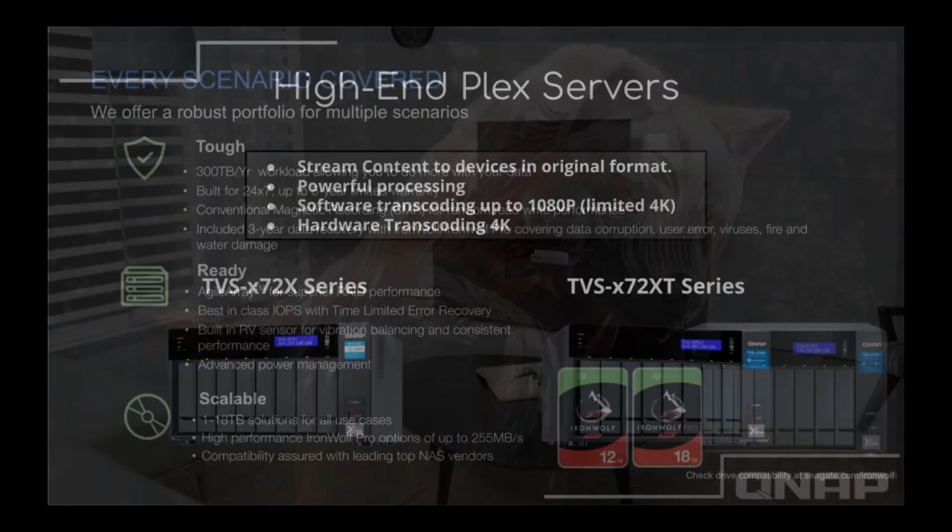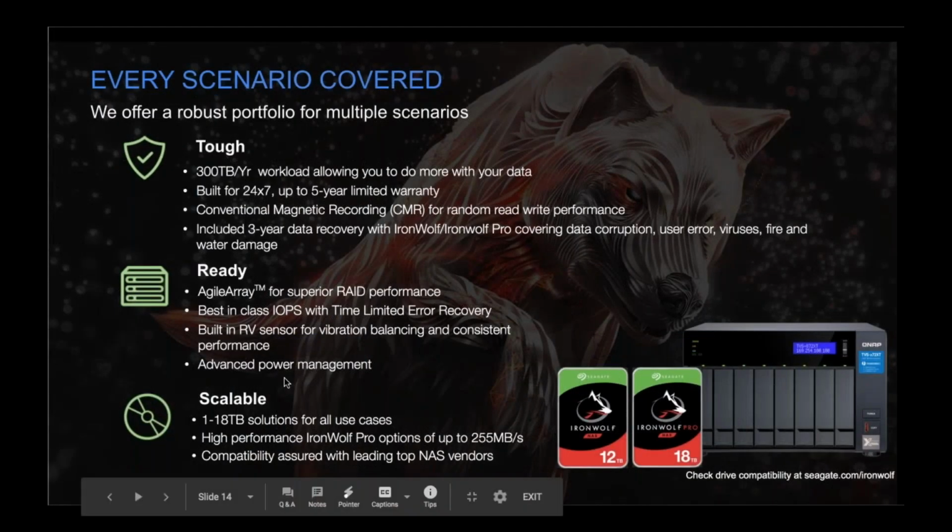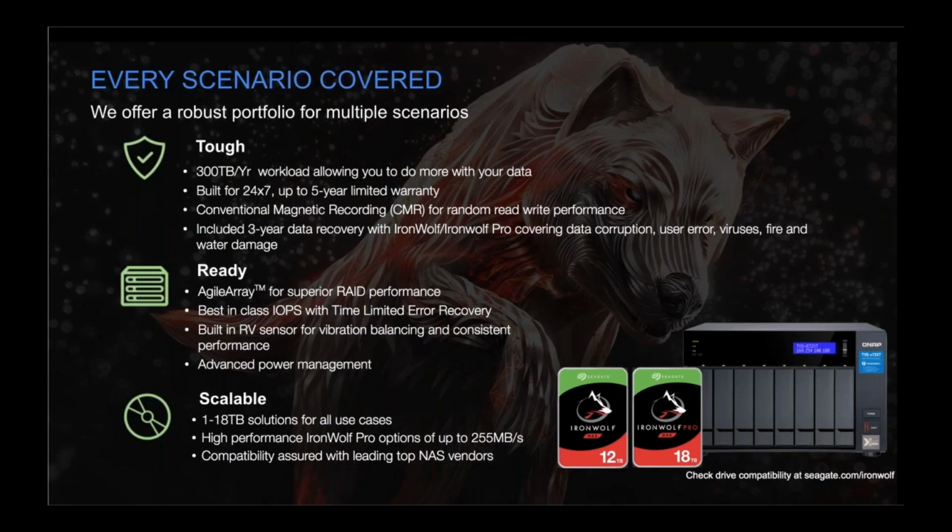We also want to give a shout out to our partners over at Seagate, because we don't make the drives. So when you buy our products, they come without drives, and you choose what drives you want to put in it.